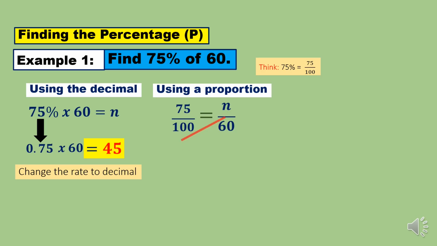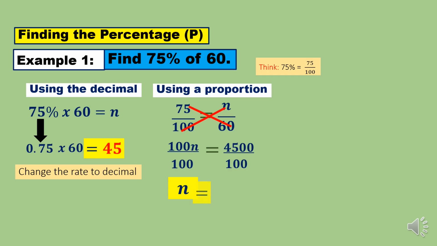So, i-multiply 100 times n, that is 100n, equals 75 times 60, that is 4,500. Then, i-divide natin ito pareho sa 100. 100n divided by 100 equals n. 4,500 divided by 100, that is 45.